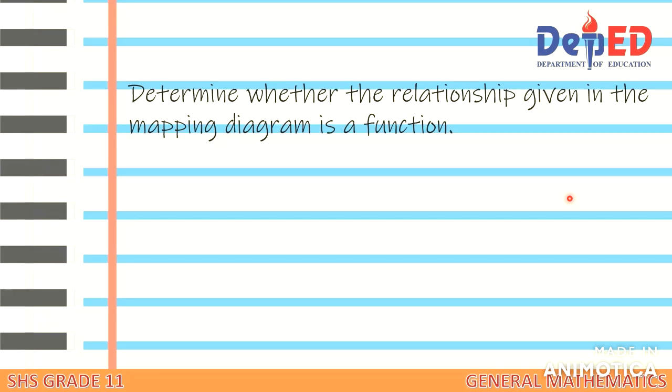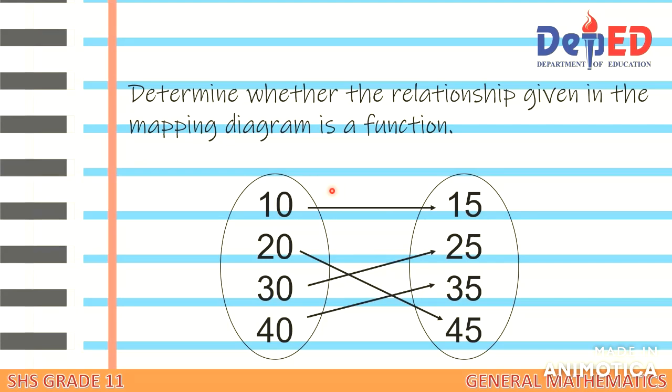Now, next example. Determine whether the relationship given in the mapping diagram is a function. So the first circle here is the domain. Second circle is the set of second values or the range.